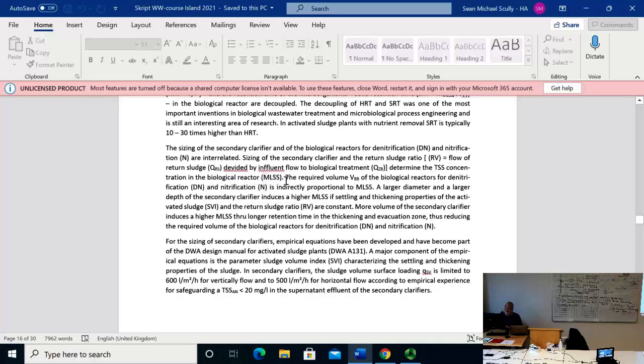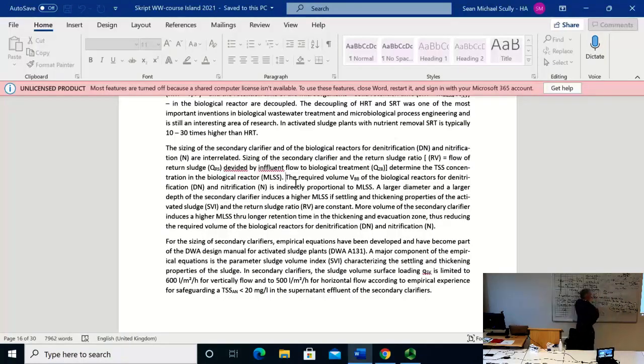This TSS concentration in the biological reactor is normally referred to in English literature as MLSS, mixed liquor suspended solids. So this is called the activated sludge. This is called our mixed liquor suspended solids. That's equal to TSBB, no? CTSBB.